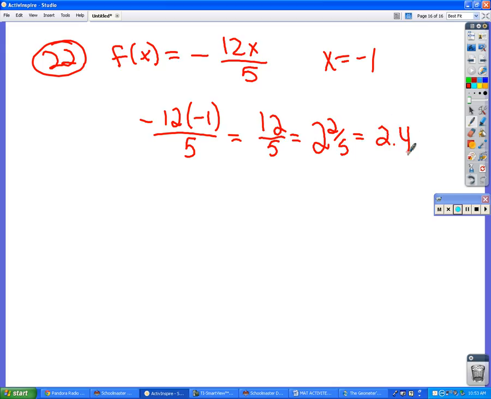I'm okay with this improper fraction as long as it's reduced all the way down. So 24 over 10, no good, because 2 goes into both of them evenly, but 12 over 5 I'm okay with. So what you need to understand from this one is this negative in front of the fraction sign, a lot of times that confuses students. It either goes with the top or it goes with the bottom, but not with both.